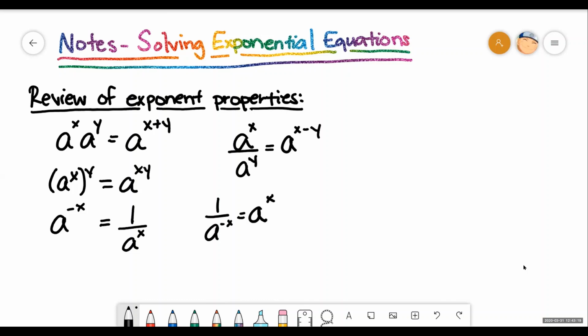Okay, so let's start out with our first example, and I'll do our first example over here on the right. When we started out today, we had the following problem. Okay, here's our first example. And so let's notice some things about this example. The first thing I notice is that we've got variables in the exponent.